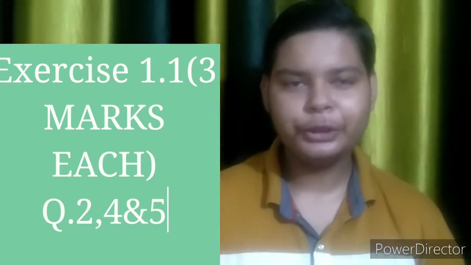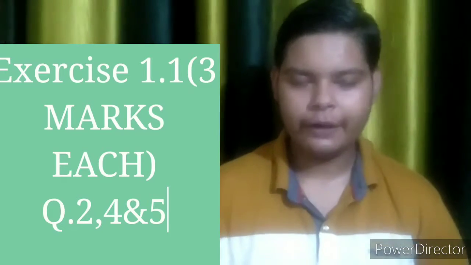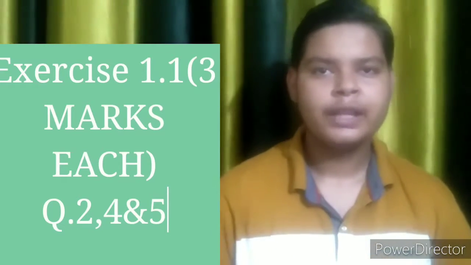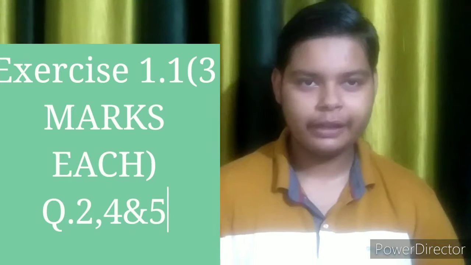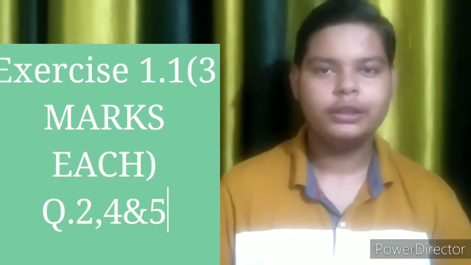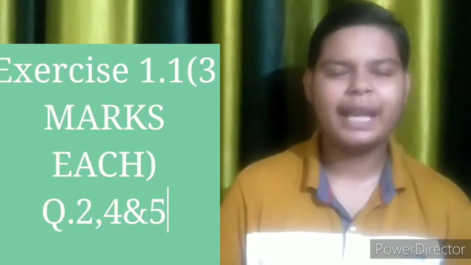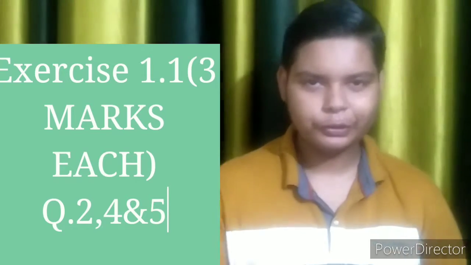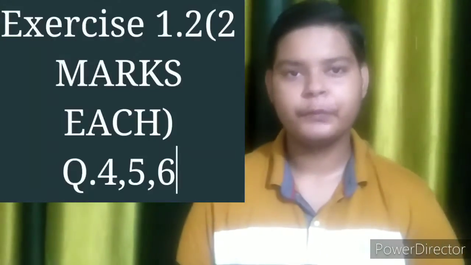So you must prepare them. I will be giving you more questions later. There is one more example given in the NCERT book, which is example number 2, I think, which is also based on this topic only.